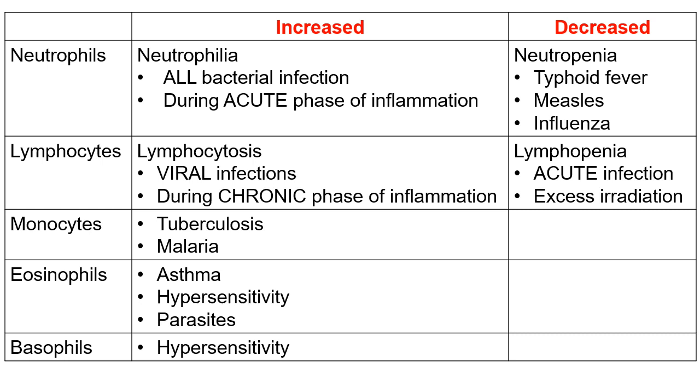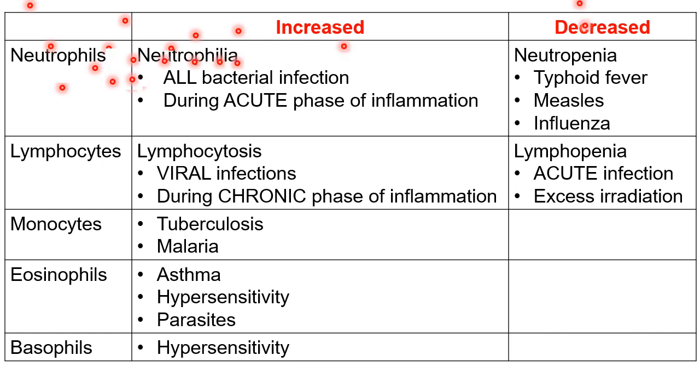So this slide is an additional note. So please take note of the following table. These are the terminologies used to describe the quantitative derangement of each WBC. So halimbawa, neutrophils. Mataas na level of neutrophils, ang term natin dyan is neutrophilia. Okay?